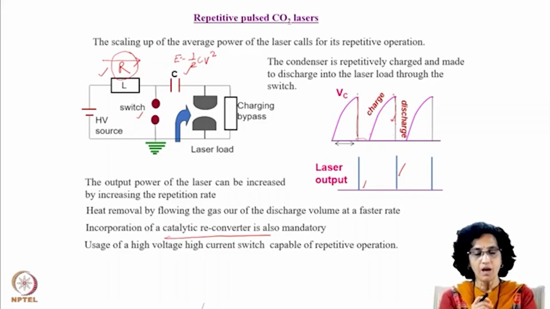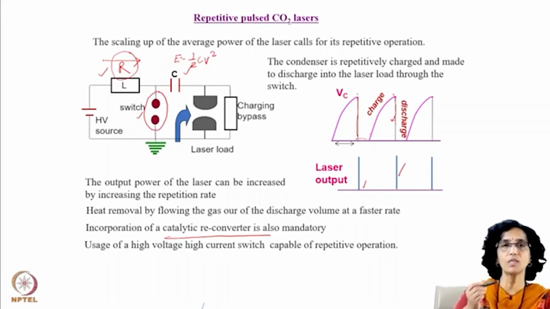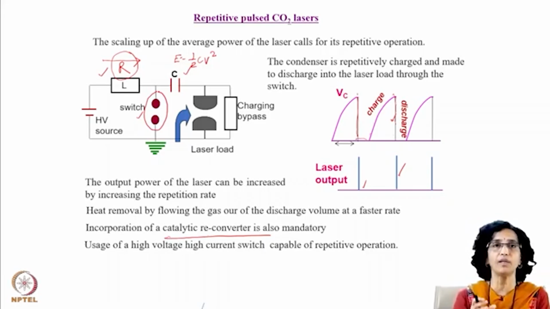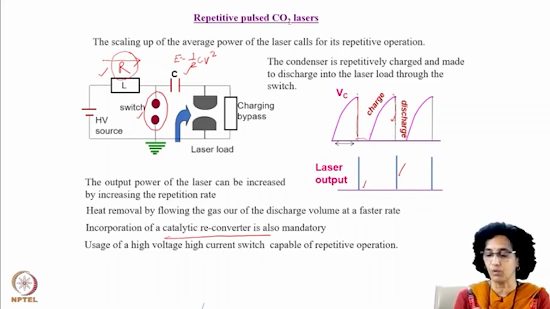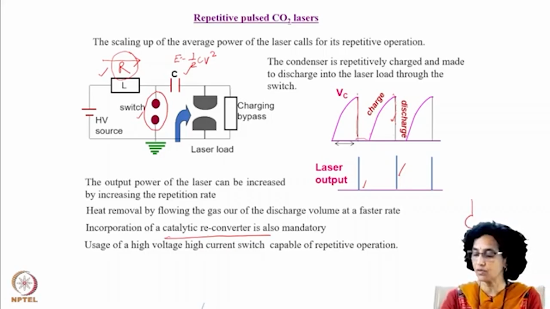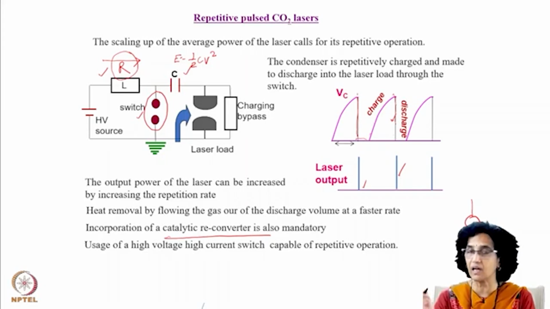The other thing that I was saying is that the switch should also be capable of repetitive operation. A spark gap operates in arc mode. That means between the electrodes, as we saw just now, there is a lot of plasma which is created. You have electrons and ions, and the number densities are very large.